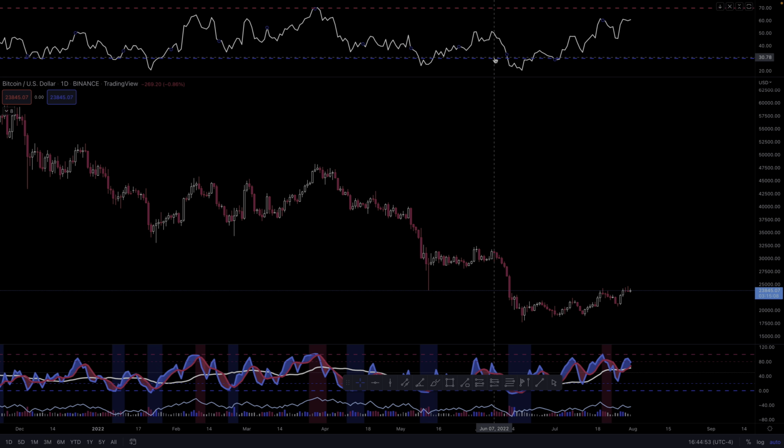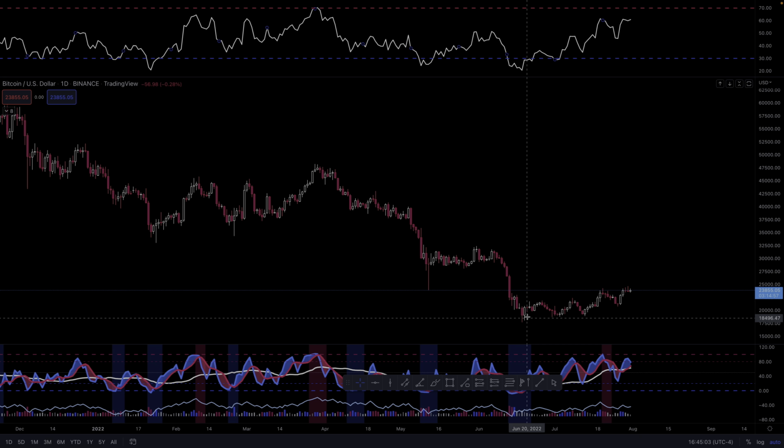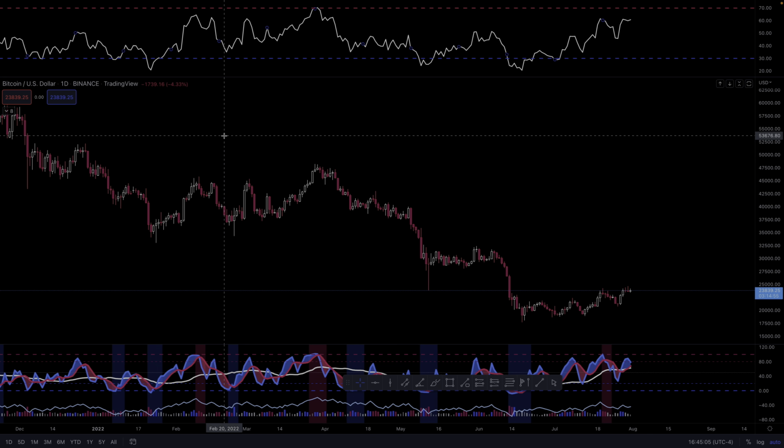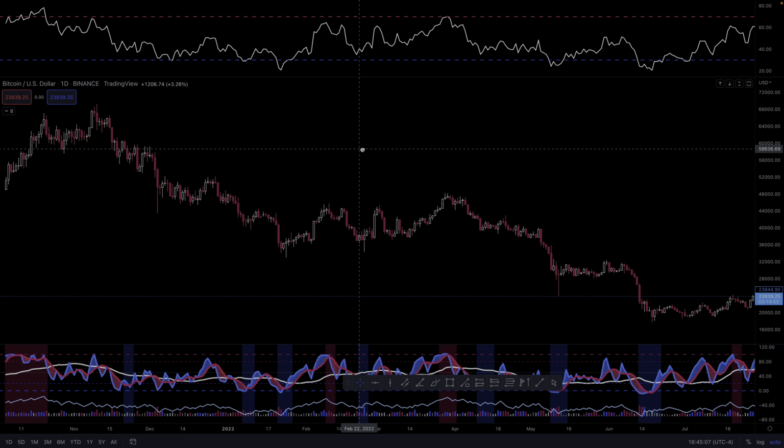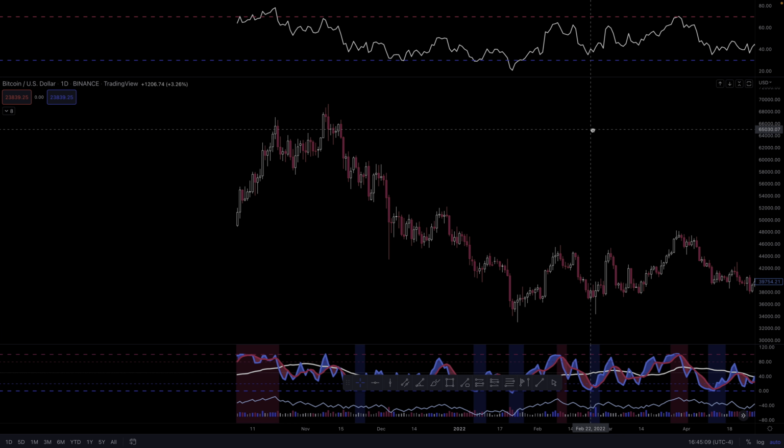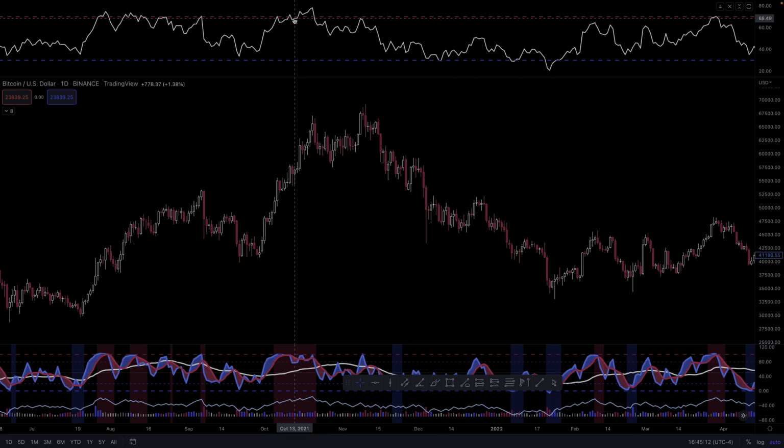As you can see right here, we went below a 30 and continued to dump. Also, there are times where it went above a 70 and continued to pump. As you can see right here, it went above a 70 reading, and had you sold right here, you would not have caught a whole $10,000 move.